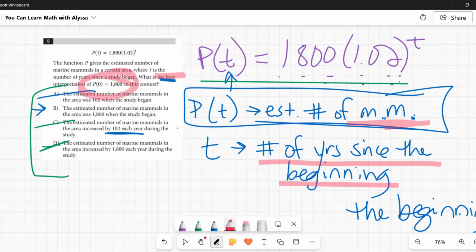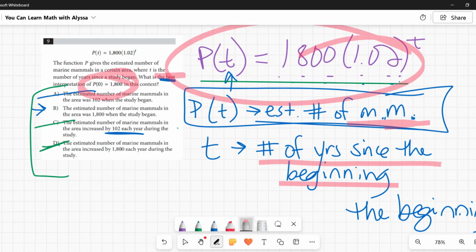In this case, it was asking what P of 0 equals 1800 means, not what are some true statements about this equation. That's where they'll get you. So yeah, be careful on those when it says best, because you could have two options. But this one, they were kind of nice. It's rare. It happens. B is the only one that is absolutely true, and it is our answer.